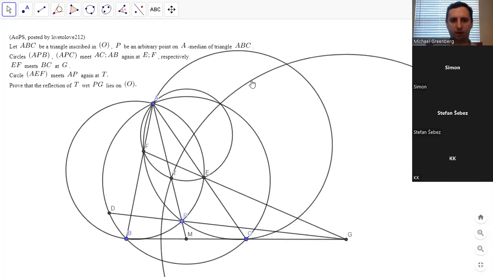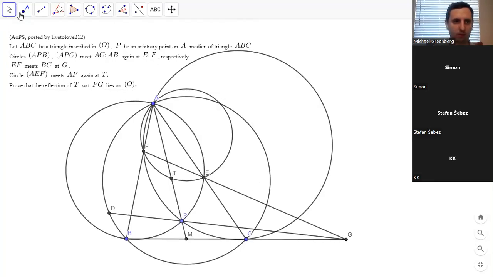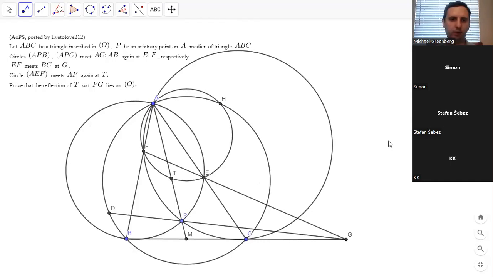All right, I'm going to hide the circle for just a second. Okay, so basically, yeah, we want to show GT and GH are the tangents.